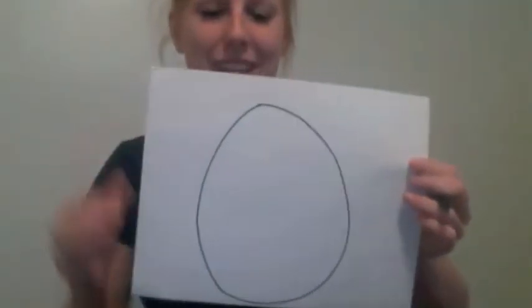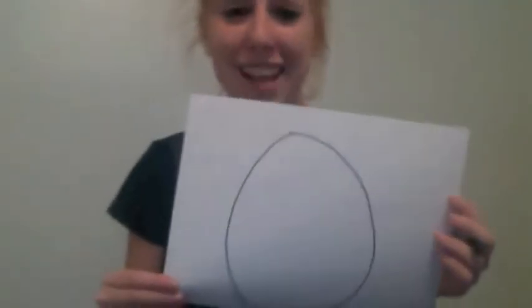So with your white piece of paper, let's make it sideways like this. And let's draw a big circle. Just like that. And your circle doesn't have to be perfect, because mine's definitely not.